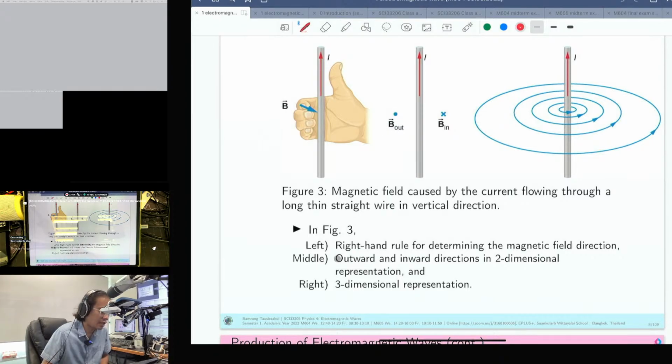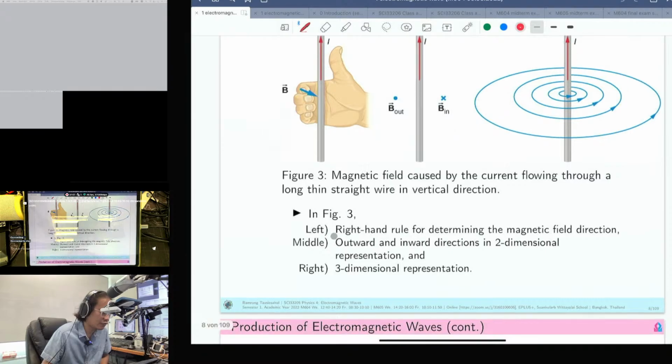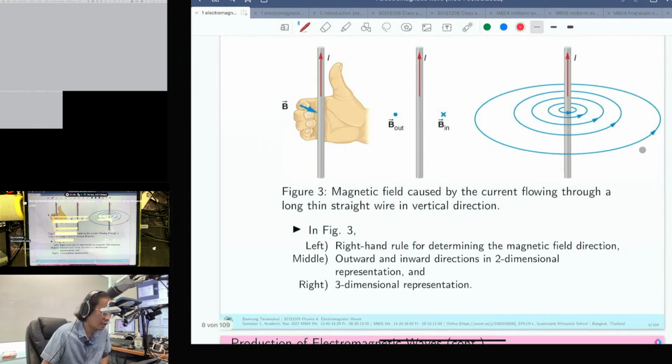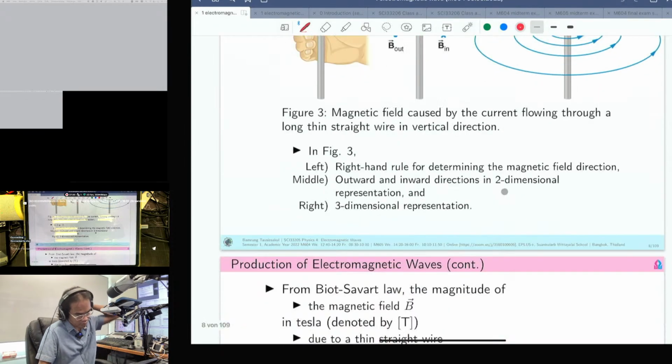Here is the right hand rule for determining the magnetic field direction. In the middle, the outward and inward direction of the two-dimensional representation of the magnetic field, and on the right figure we have the three-dimensional representation of the magnetic field.